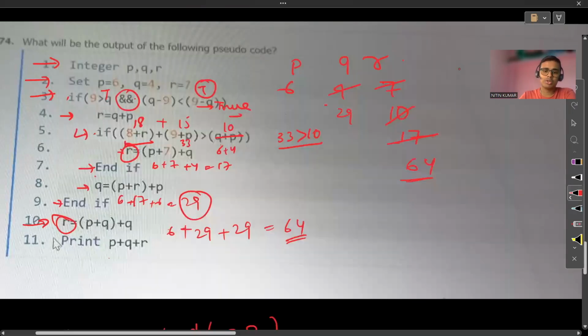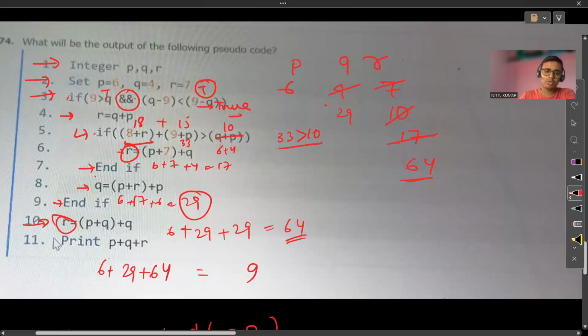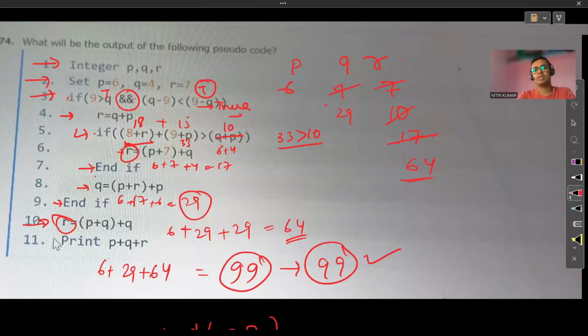So the overall value will become 6 plus 29 plus 64. If we add them, it will eventually be 99. So the overall value is 99, and this is the value we are getting from here.